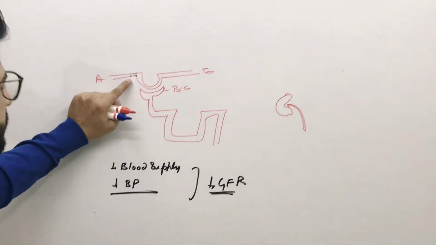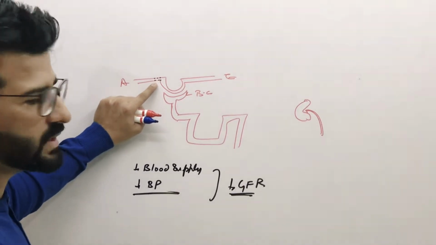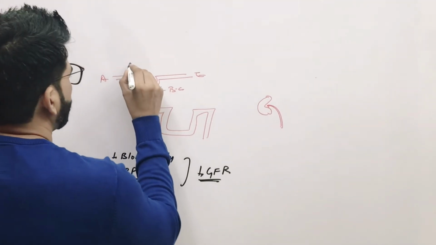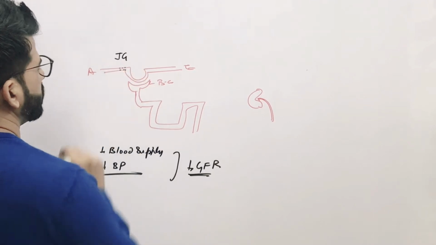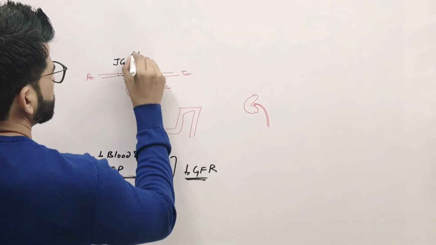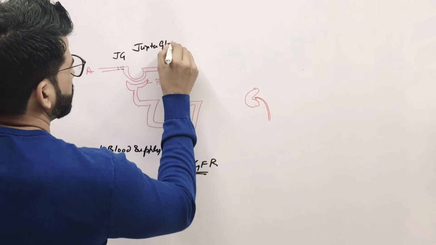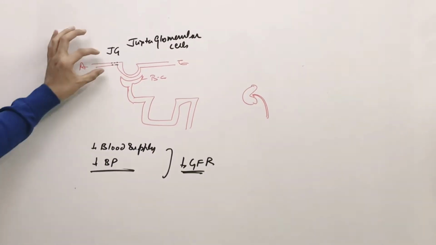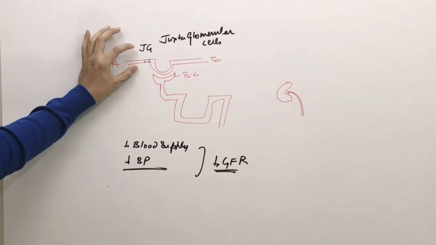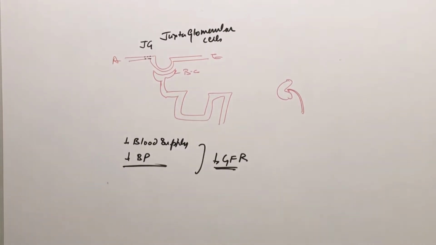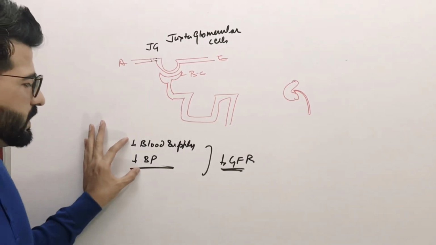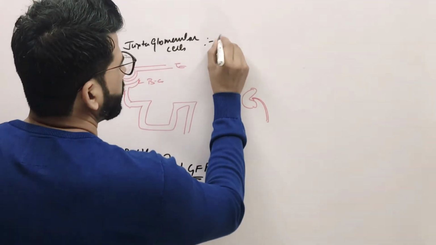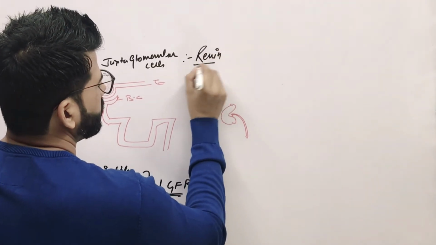So the smooth cells of the afferent arteriole get modified to form JG cells, which are called juxtaglomerular cells. When there is a decrease in blood supply and blood pressure to the kidney, these cells will produce renin.